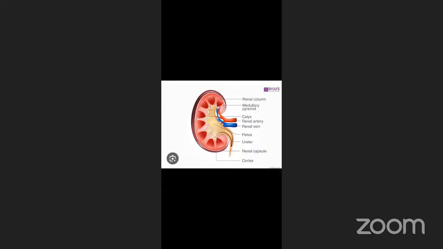So can somebody just describe how it is formed in the liver? Hands up, or you can do it in the chat box. How is urea formed in the liver? What is the process of formation of urea?